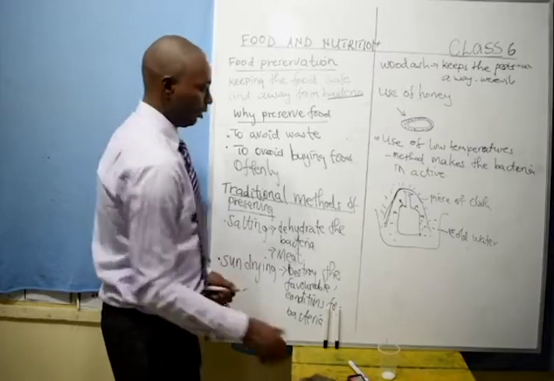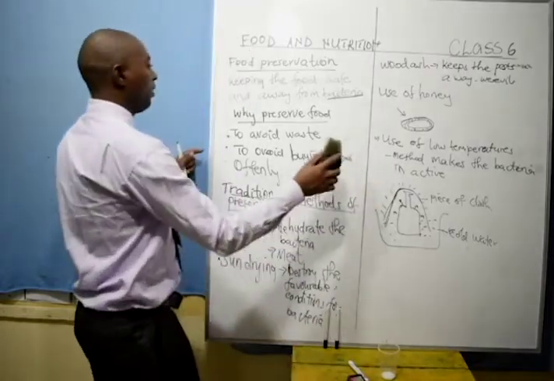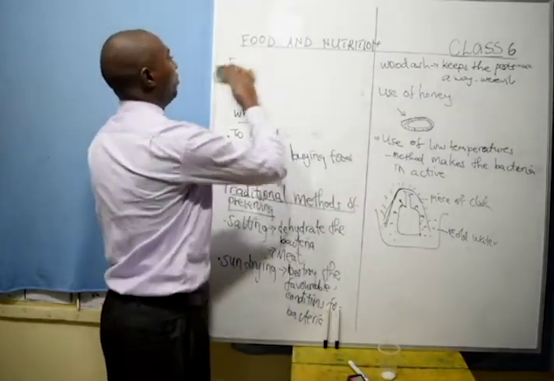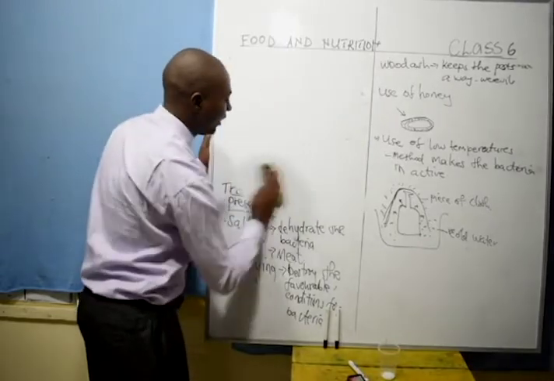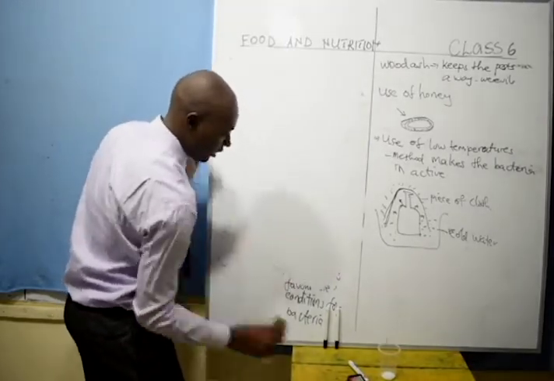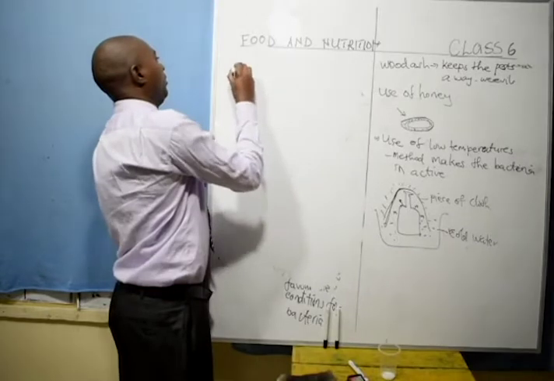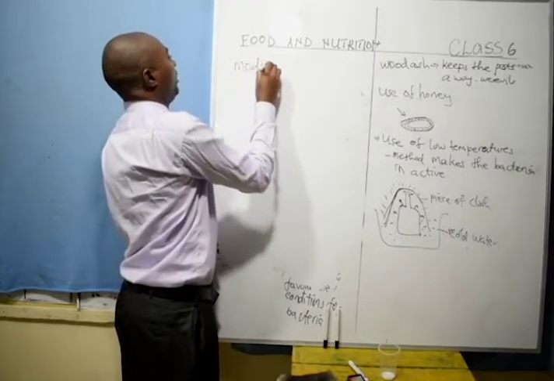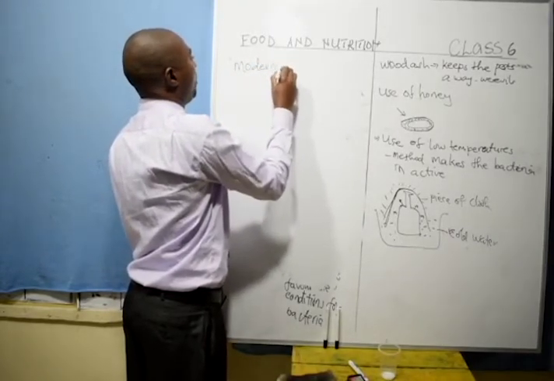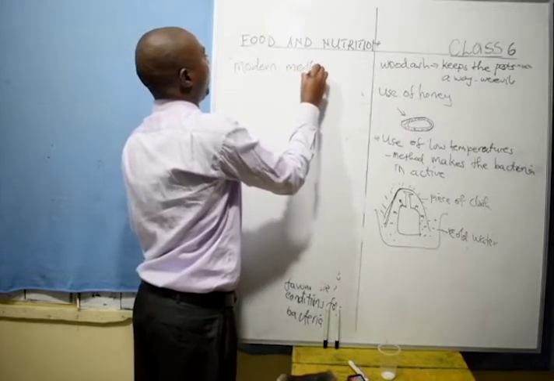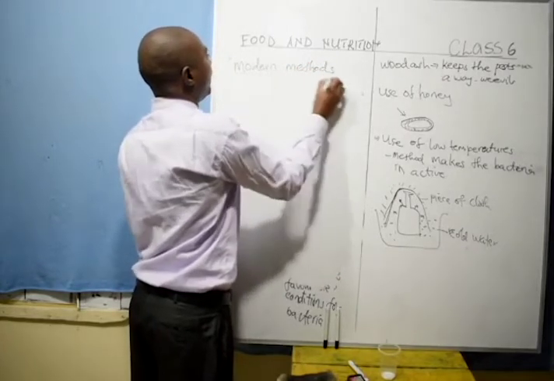Now I want to take you through the modern methods of preserving food. Modern methods, very fast. They are known as modern methods because they preserve large quantities of food.